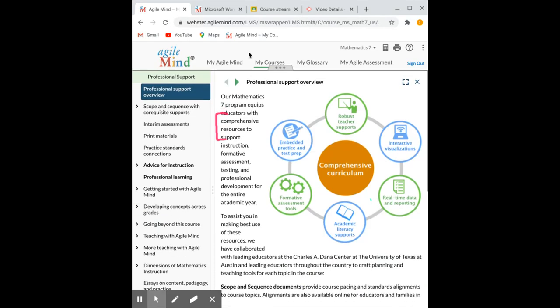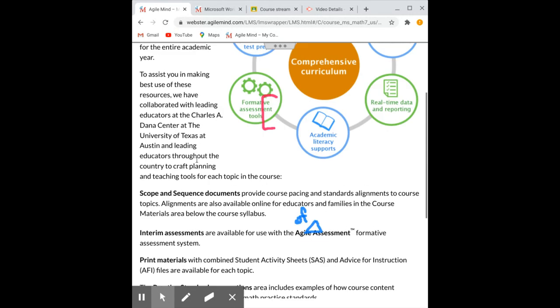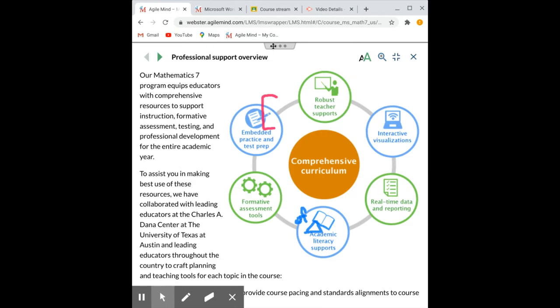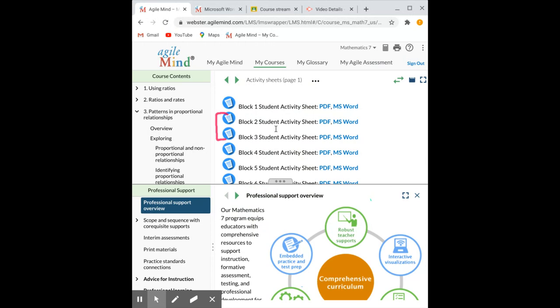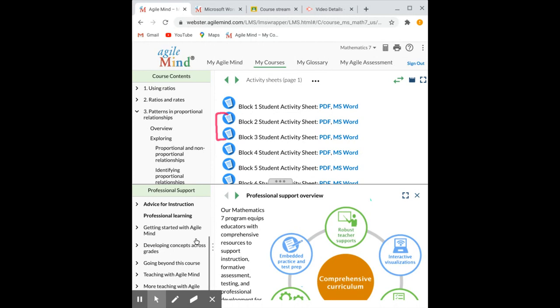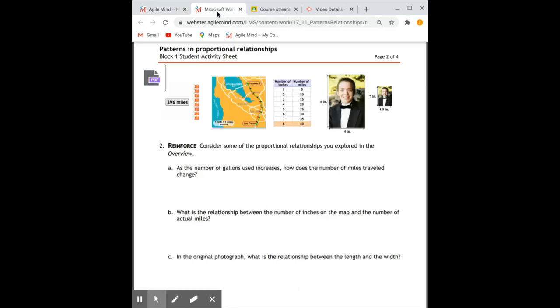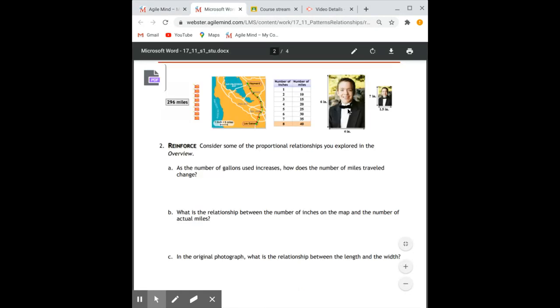Anybody know? I'm confused. All right. What are you confused about? Okay, so what was the question? Can you repeat it? All right. Looking at that photo right here, what is the relationship between the length and the width?